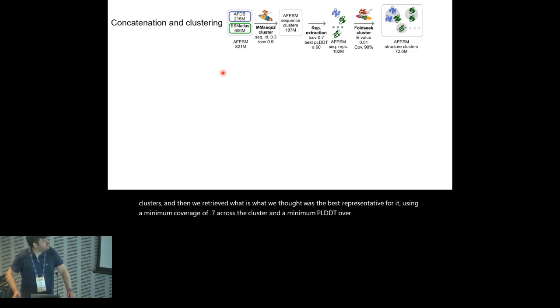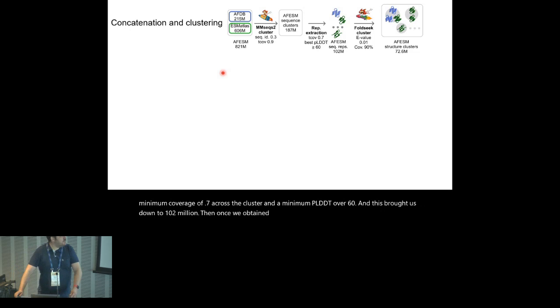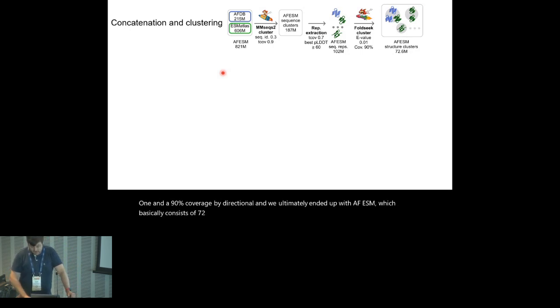This brought us down to 102 million. Then, once we obtained those structures, we clustered them using Foldseek cluster, using an e-value of 0.01 and 90% bidirectional coverage. And we ultimately ended up with AF-ESM, which consists of 72 million structures that we carried forward for our analysis.